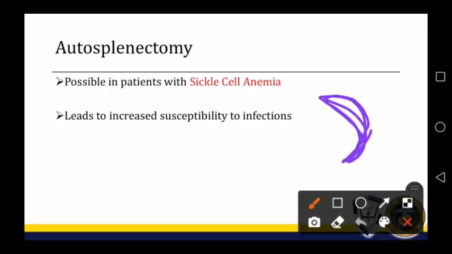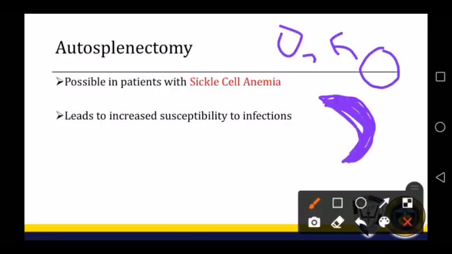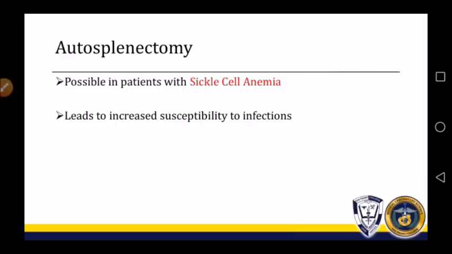They become sickle-shaped once they are deoxygenated, so once the RBC has transported its oxygen to the tissue, it becomes a sickle cell. And these sickle cells are very rigid, not soluble, and have a high tendency to clog in narrow areas or passages.